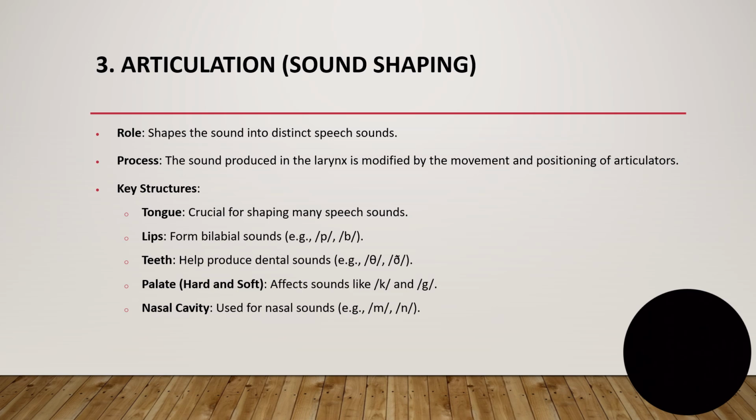We have the lips for bilabial sounds, for example p and b. The teeth help produce dental sounds, for example th. The palate, both hard and soft, affects sounds like k and g. The nasal cavity is used for nasal sounds, for example m and n.